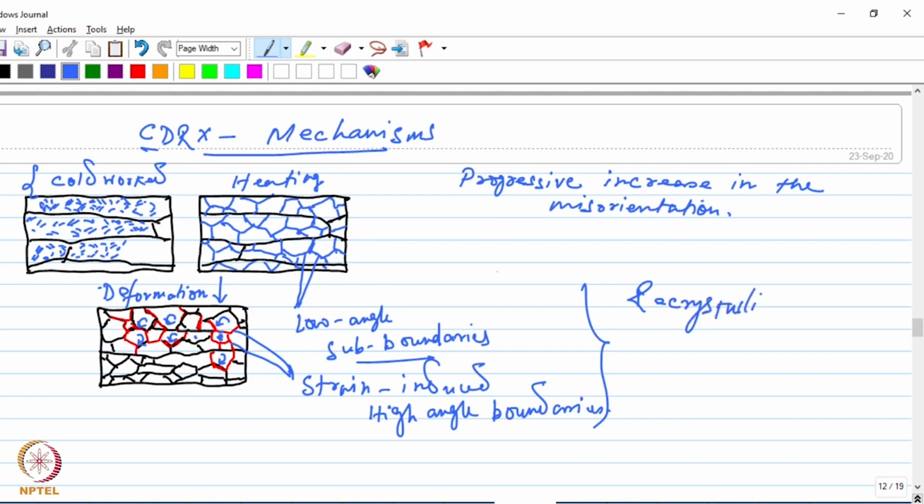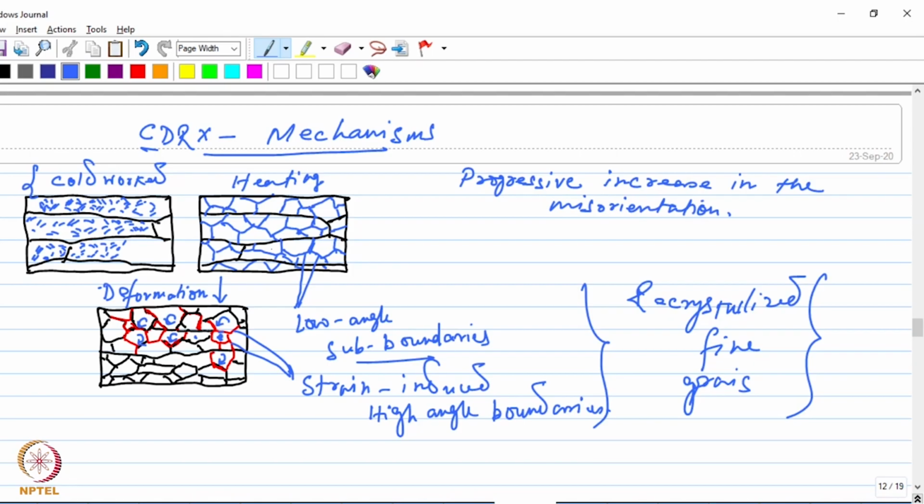And in fact, the grains generated due to this process will also be finer. So at the end of this process, you will get a recrystallized fine grain microstructure. This is also a process which is conducive for grain refinement. We are going to revisit this topic when we talk about grain refinement, because as I said, this is one of the mechanisms of grain refinement also.